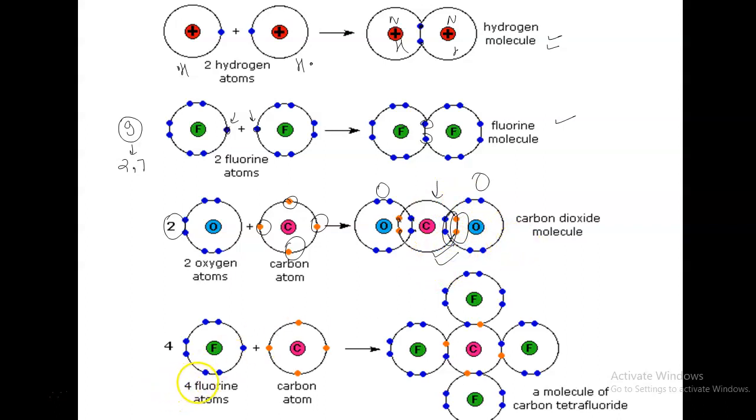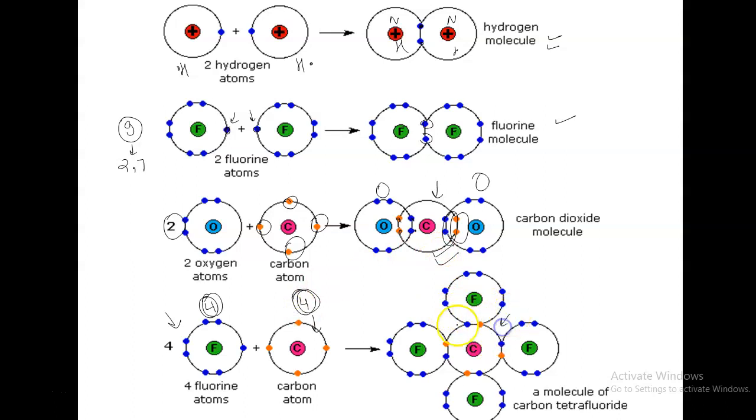Now see fluorine atoms. We are going to see carbon tetrafluoride. There are 4 fluorine atoms, so it needs 4 electrons. There is 1 carbon atom and it needs 4 electrons. So these electrons are shared between the 4 fluorine atoms and the carbon. Okay, sorry.